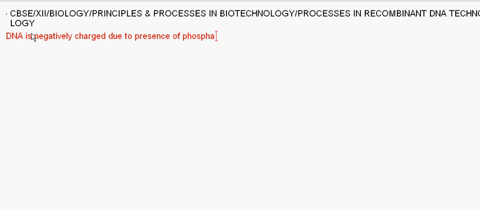When electricity is passed, it tends to move towards the anode, separated according to its size due to porosity of the agarose gel.